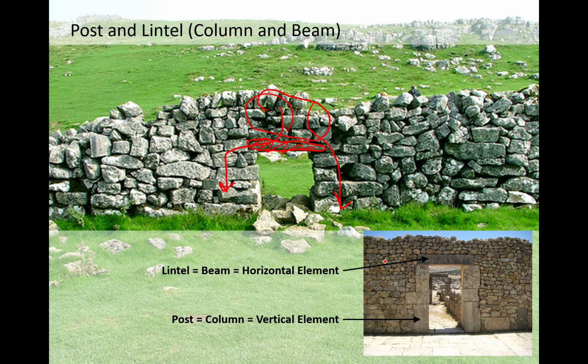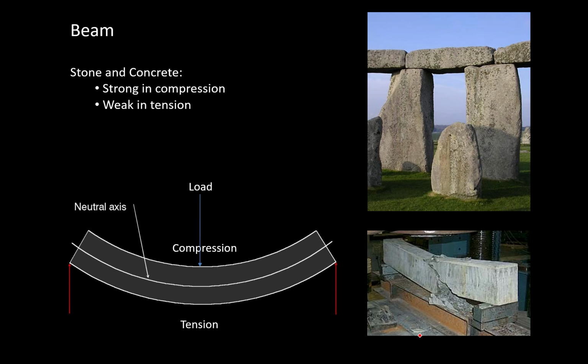In this case, these are both stone lintels, and there's limitations on how strong a single piece of stone can be when it's used horizontally. So this beam here is called a lintel, and these elements here are called posts or columns. One's vertical and one's horizontal.